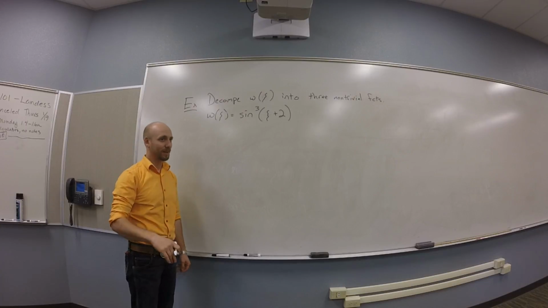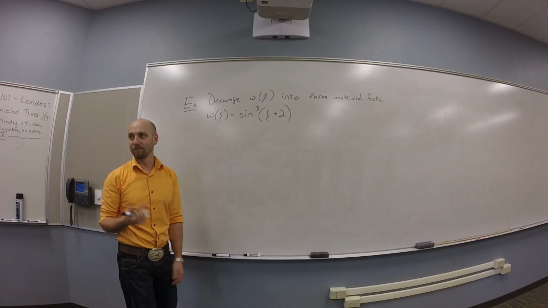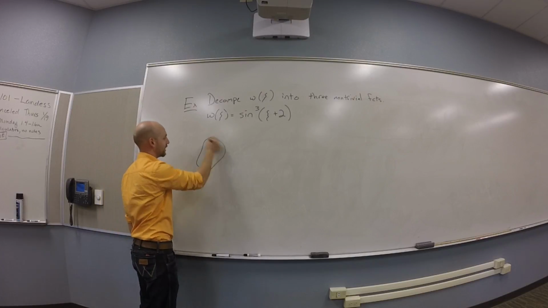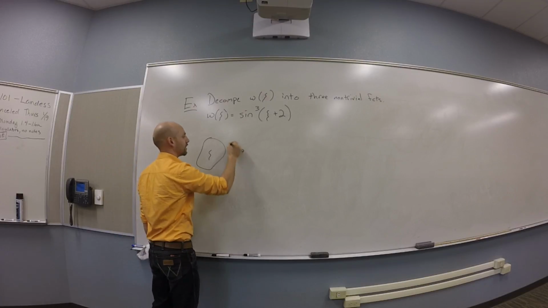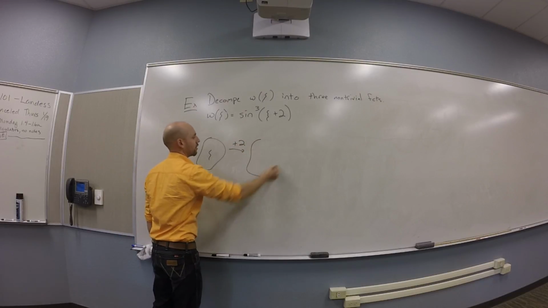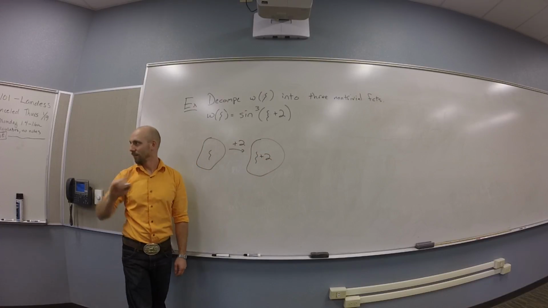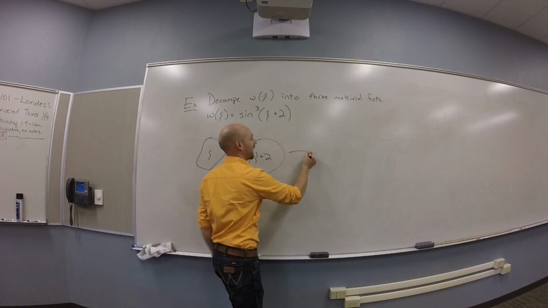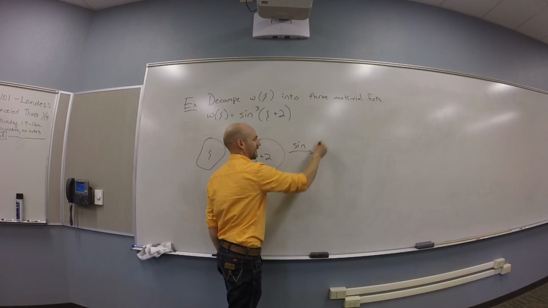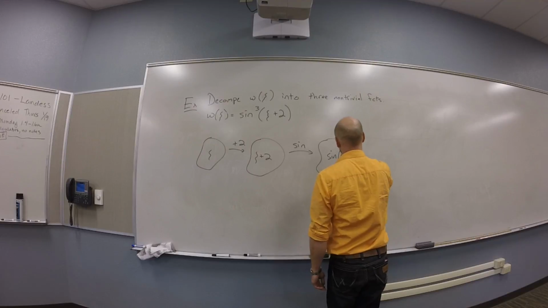I'll show you what the dumb thing would be. So what are the 3 steps you're doing here to your input variable psi? You start with a psi, and first we add 2. So that brings us to psi plus 2. Then you're putting it into the sine function, so that gives me sine of psi plus 2.